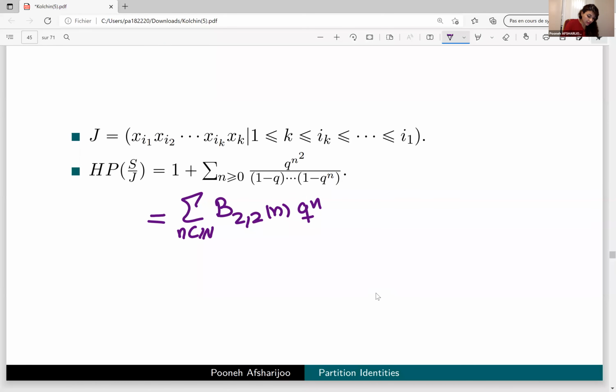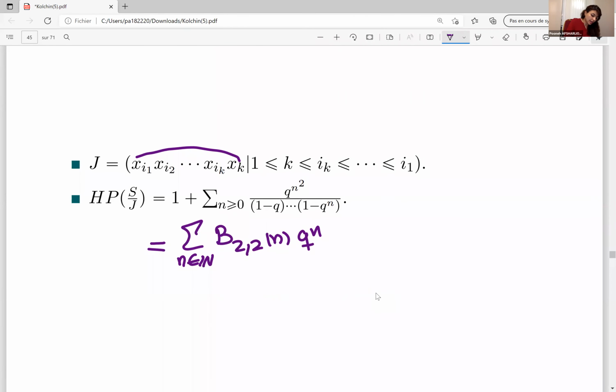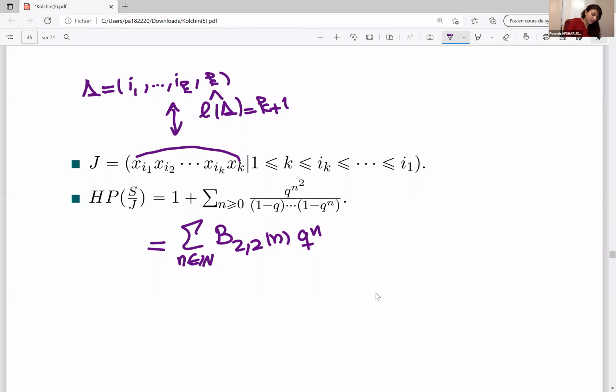And in the left-hand side, note that to each generator of J, I can associate a partition lambda as lambda equal to (i_1, ..., i_k, k). The length of lambda is equal to k plus 1, which is strictly greater than its smallest part.